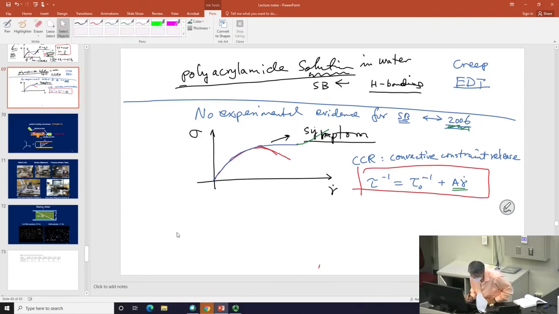I know I need to finish. Let me just say a couple words. So you have a shearing plane that's presumably shearing like this.